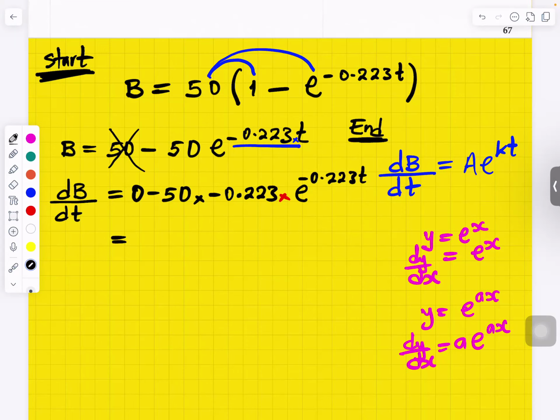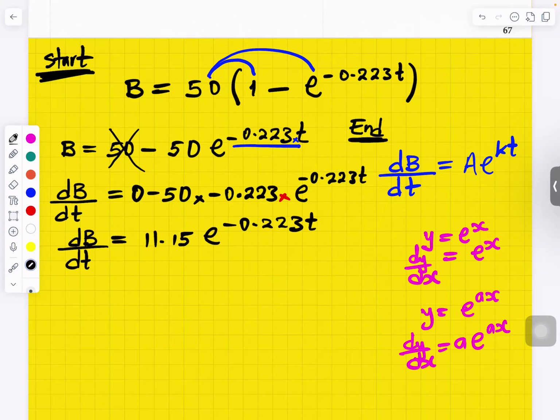Okay. Because it's minus and minus, it will become plus. So 11.15 e to the minus 0.223t. So that's what dB over dt would be.